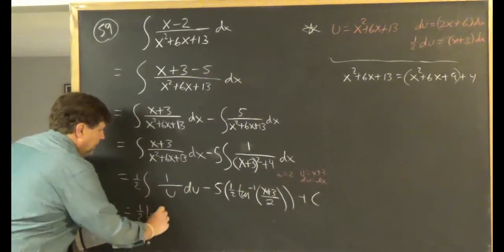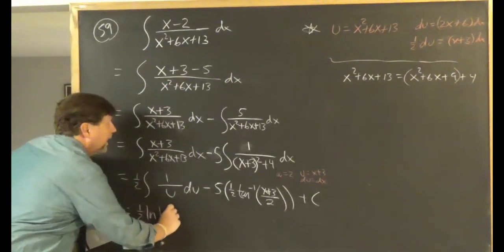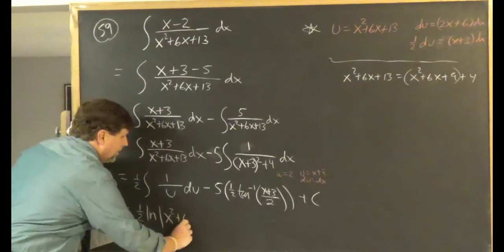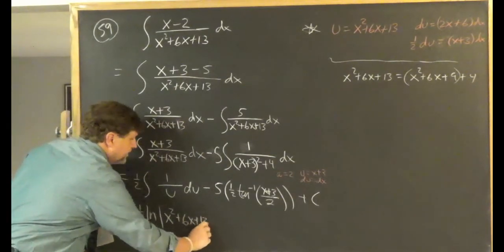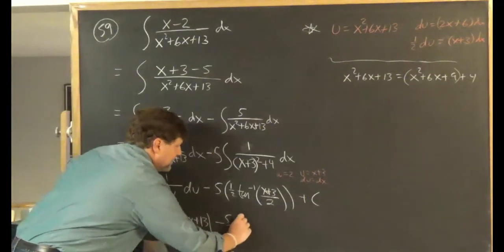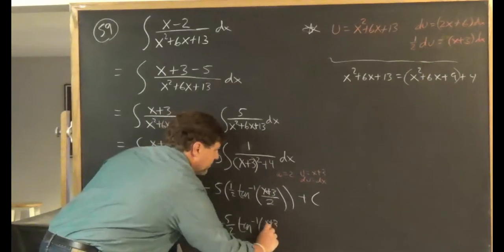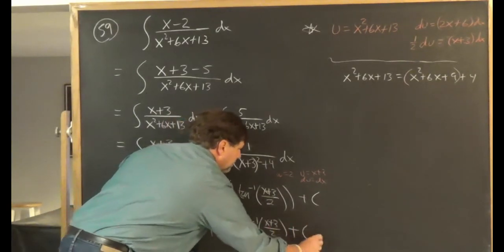So natural log absolute value of u, well, my u is x squared plus 6x plus 13, minus 5/2 inverse tangent x plus 3 over 2 plus c.